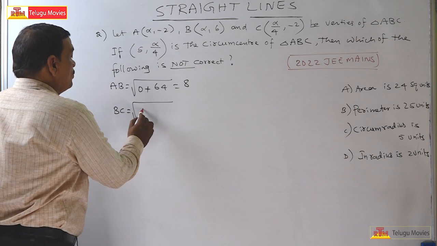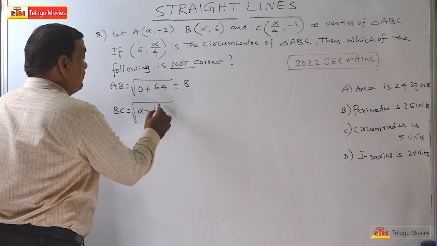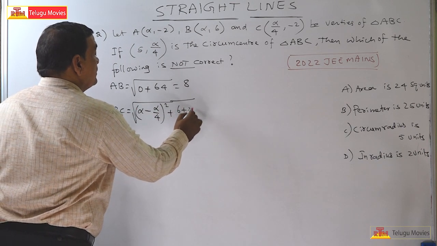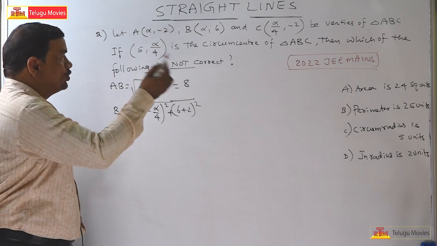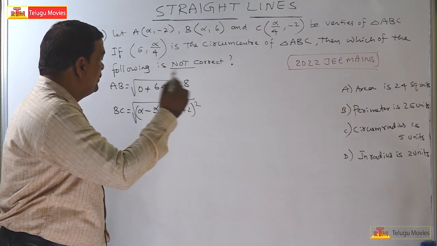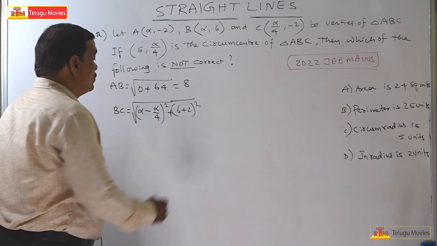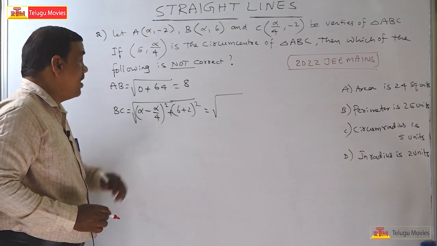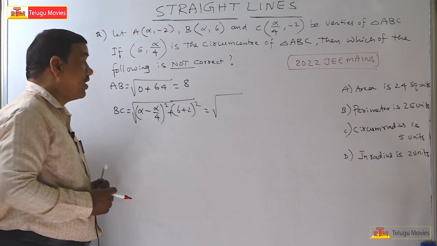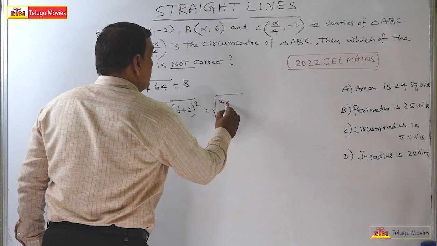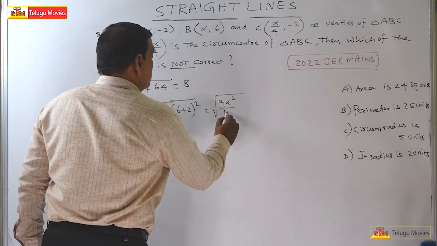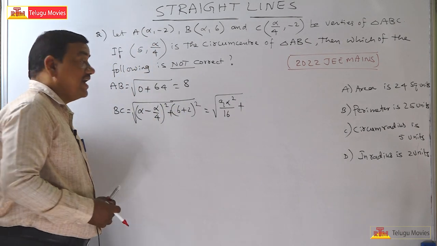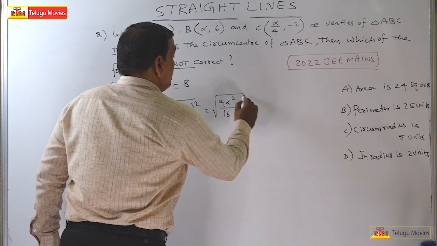This is square root of (alpha minus alpha by 4) whole square plus (6 plus 2) whole square, that is (x2 minus x1) whole square plus (y2 minus y1) whole square. This is 4 alpha minus alpha, 3 alpha, so 9 alpha square by 16 plus 8 square, 64. Keep it like that.